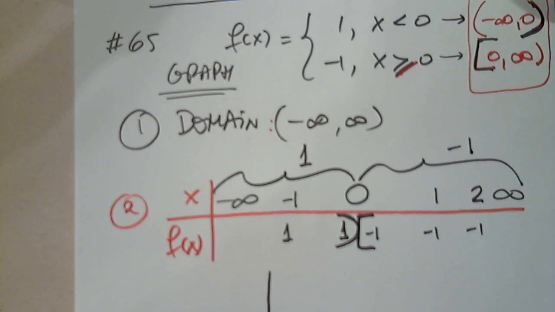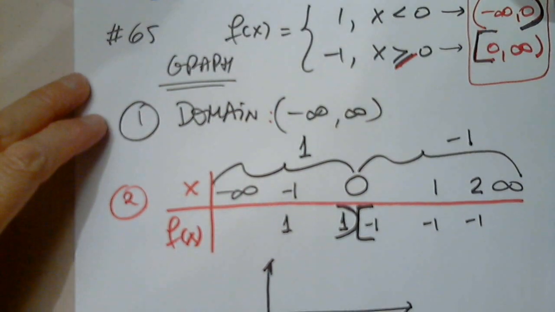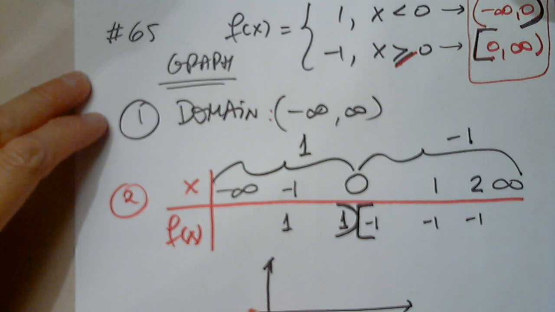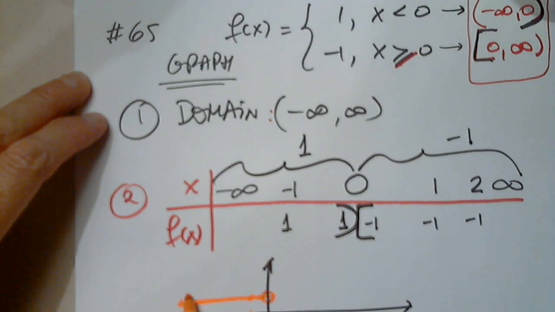So I'm ready to graph. You do not have to do this, but I will always do this just to remind my students that there are two different branches. At negative 1 is 1. At 0 is 1, but it's an open point. And this is the graph.